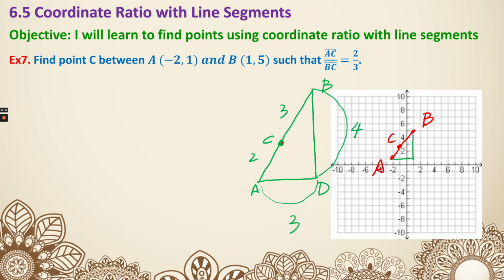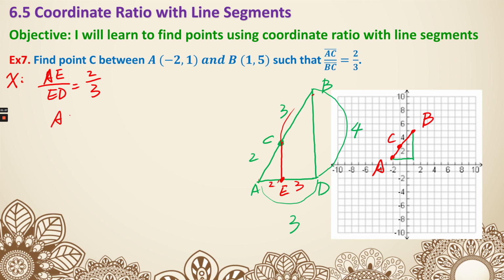First, let's drop down from C, which is going to give us a point E, to find the x coordinate. So AC over CB is the same as AE over ED, which is 2 over 3. So let's start setting it up. AE over ED is 2 over 3, and I'm keeping the top, so I'm changing the bottom.